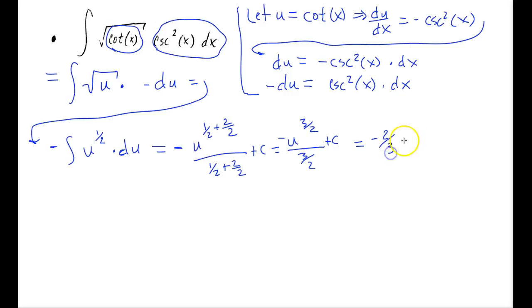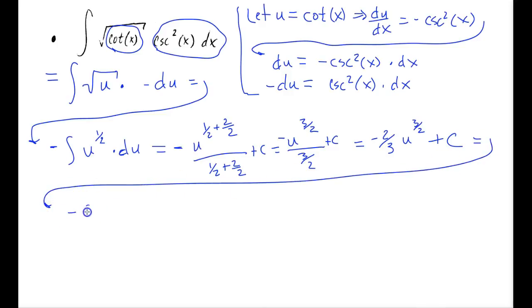So we got a negative 2/3 u raised to the 3/2 plus c. So now all we need to do is substitute what u is now. And go ahead and put this back in root form. So it'll be square root of u cubed plus c.